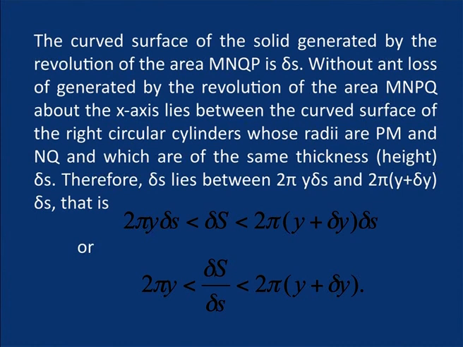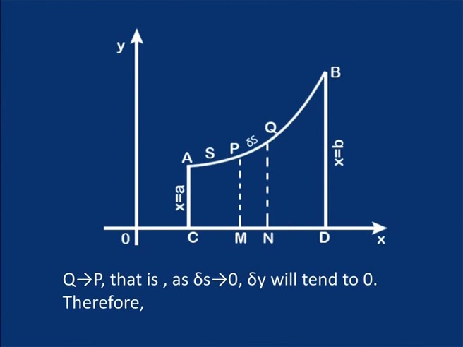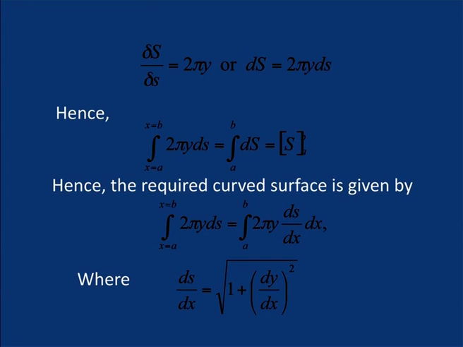Therefore, 2 pi y is less than delta S upon delta s less than 2 pi (y plus delta y). As shown in the figure, Q tends to P, that is, as delta s tends to 0, delta y will tend to 0. Therefore, the surface integral is given by integral from a to b 2 pi y ds, that is equal to integral of ds, s from a to b.